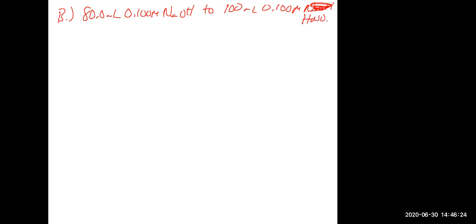We added 80 milliliters of our 0.1 molar sodium hydroxide to our 100 milliliters of 0.1 molar HNO2. So here we're going to have a reaction, and that's going to be our nitrous acid, HNO2.